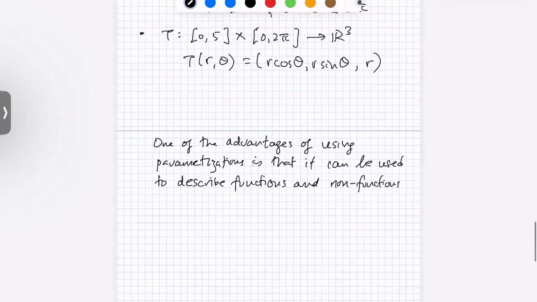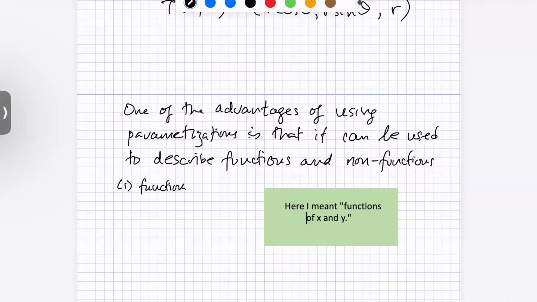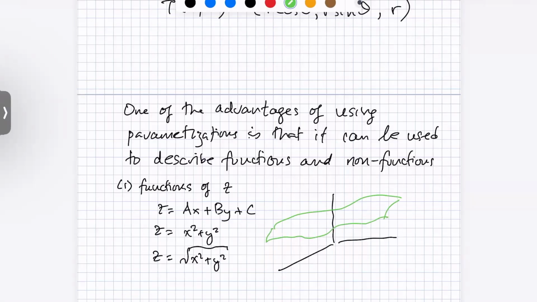In the examples that we've seen so far, these are functions of z. Like we've seen z is a plane, z is a paraboloid, z is a cone. In all of these cases, you basically have something that looks like that, more generally, and it passes the vertical line test, right? So every vertical line will hit the surface at most one point.